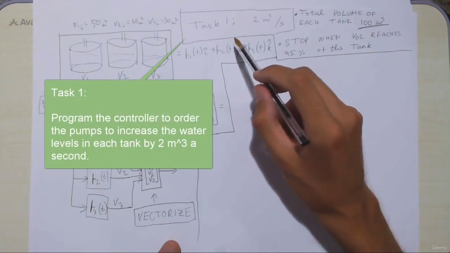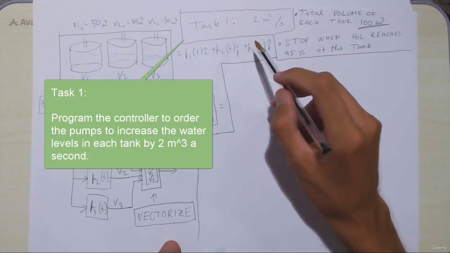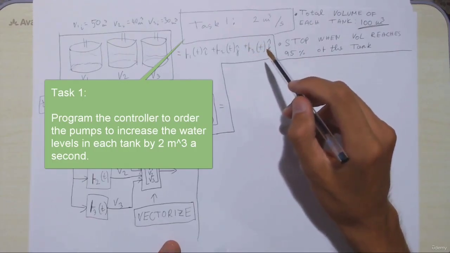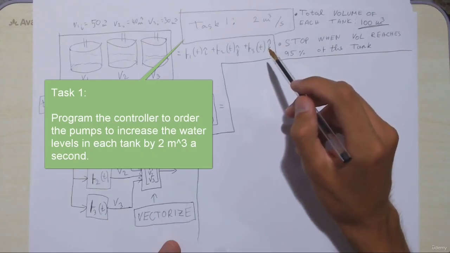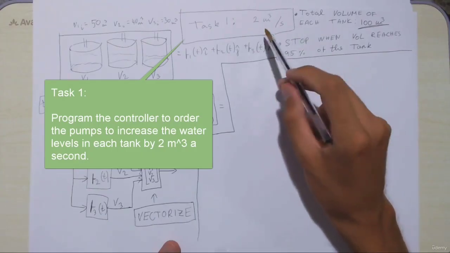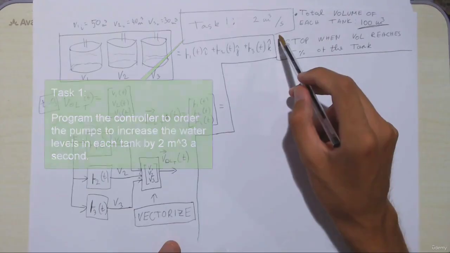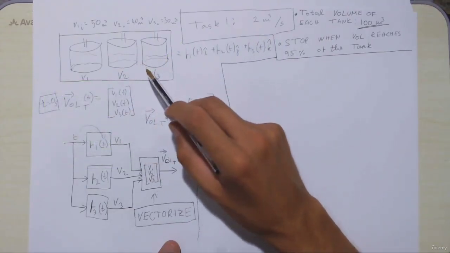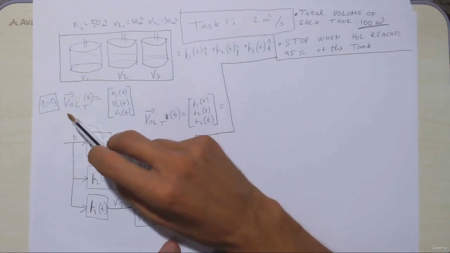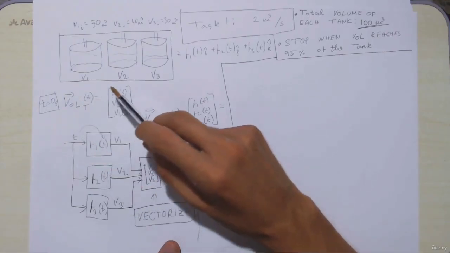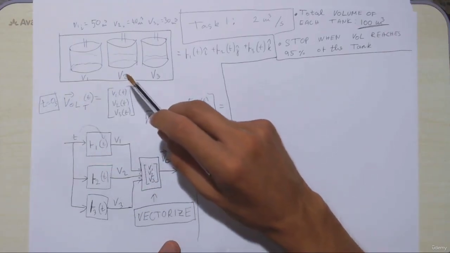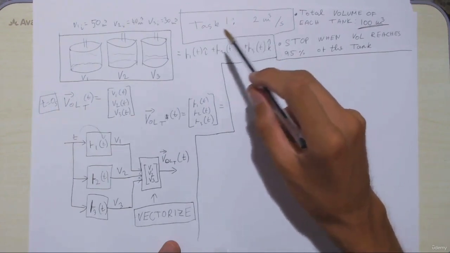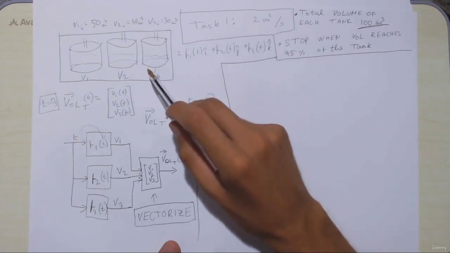Task 1 is to program the controller to order the pumps to increase the water levels in each tank by 2 cubic meters a second. So even though we have different levels of water in each tank at time equals 0 seconds, we want to order the pumps to add 2 cubic meters of water into each tank every second.